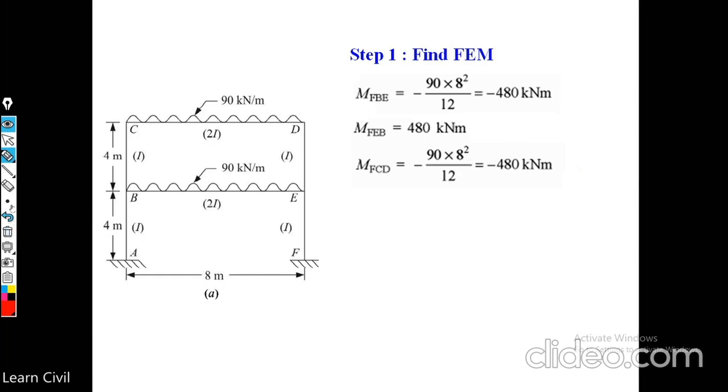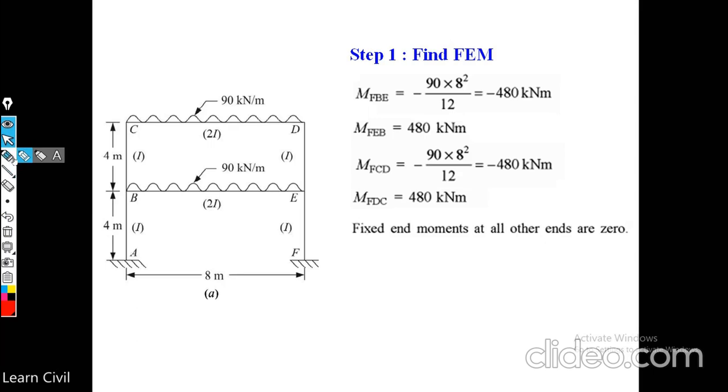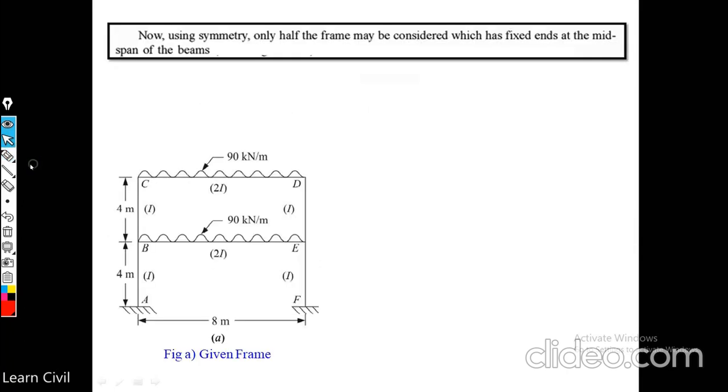Similarly, the fixed end moment for span DC should be plus 480 kilonewton meter, as shown here. For all other spans, that is span AB, BA, BC, CB, EF, FE and DE, ED, all these fixed end moments will be zero, because the columns are not subjected to any external load.